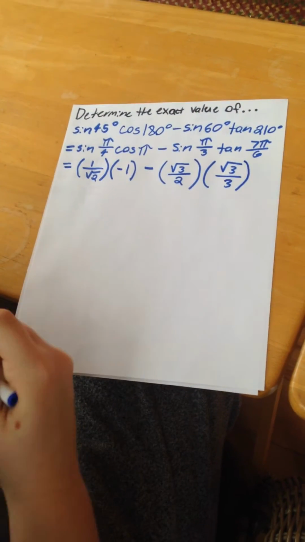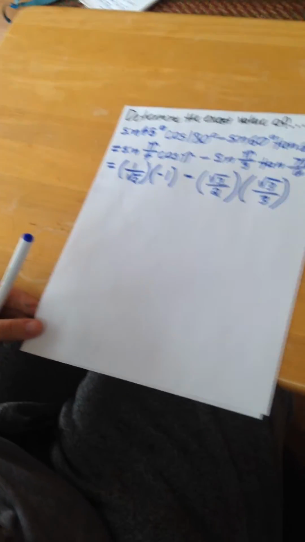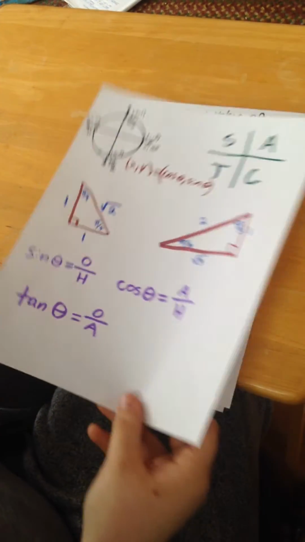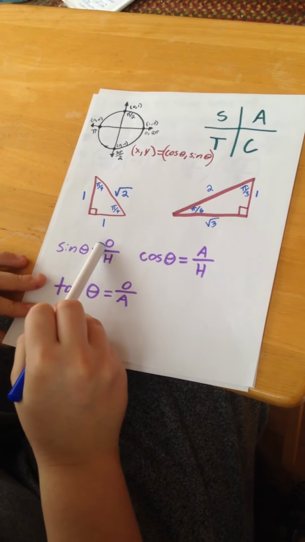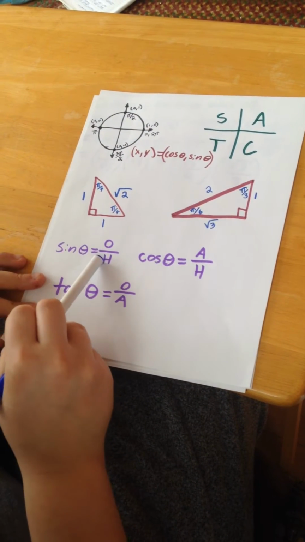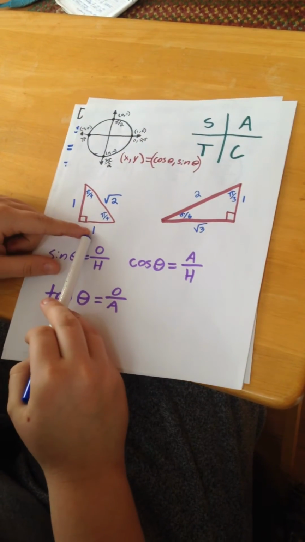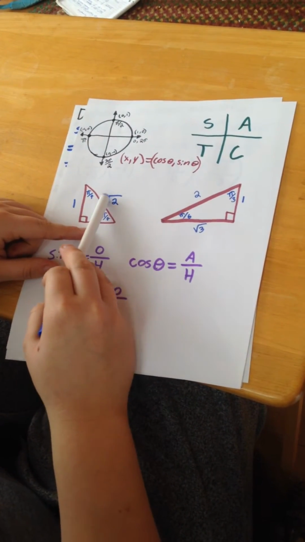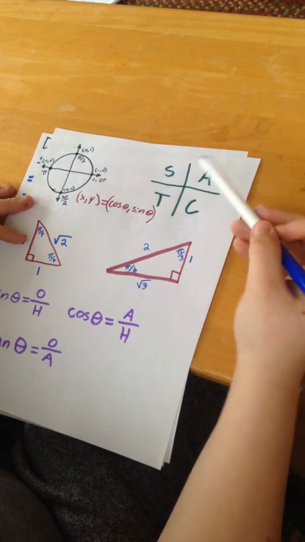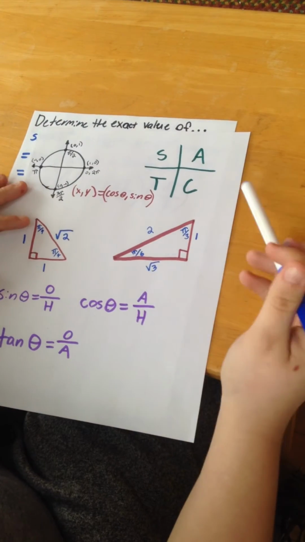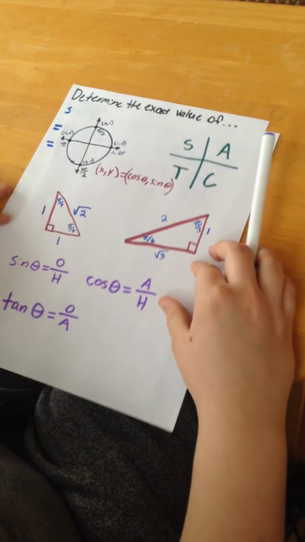Now how I got those values is, for the pi over 4, we know that's in our special triangles. So we look at our special triangles here, and we also know that sine is opposite over hypotenuse. So we look at pi over 4, you go to the opposite, which is 1, and the hypotenuse, which is root 2. And then we also have to look at our CAST rule, and we know that pi over 4 is in the first quadrant, so that means it's positive anyway.